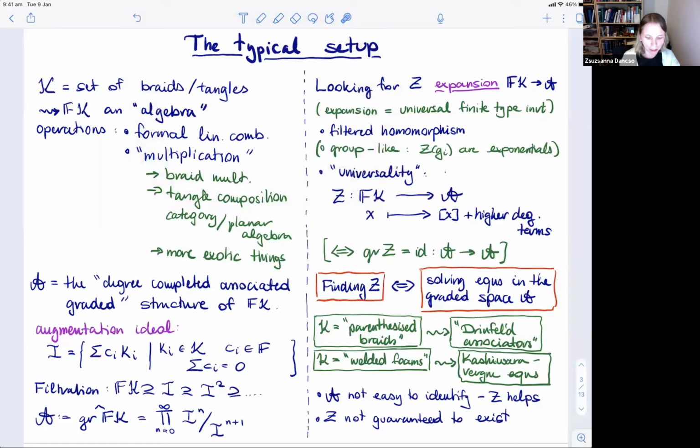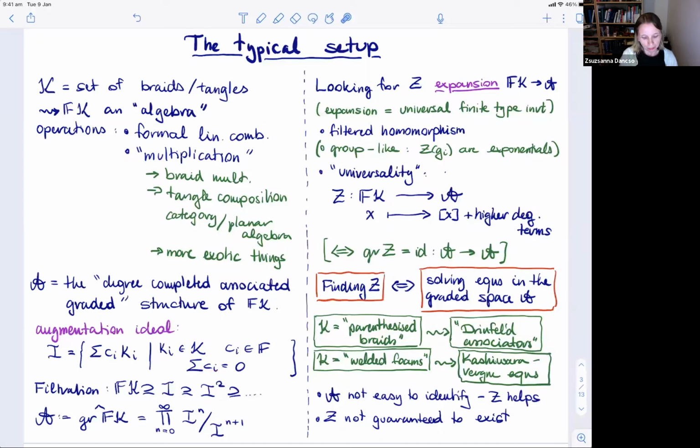What does that mean? First of all, what does it mean to take powers of I? If I'm talking about, say, the pure braid group and the group algebra, then it's obvious. I'm just multiplying elements in I. But in all other cases, there would be some binary or multinary operation which I can use to compose. So for example, I would take a composition of linear combinations of tangles, two of which are in I, and maybe some others are not, then that would be an element of I squared.